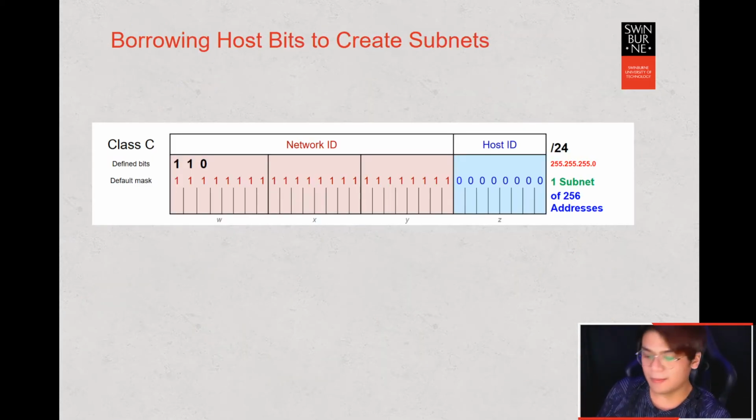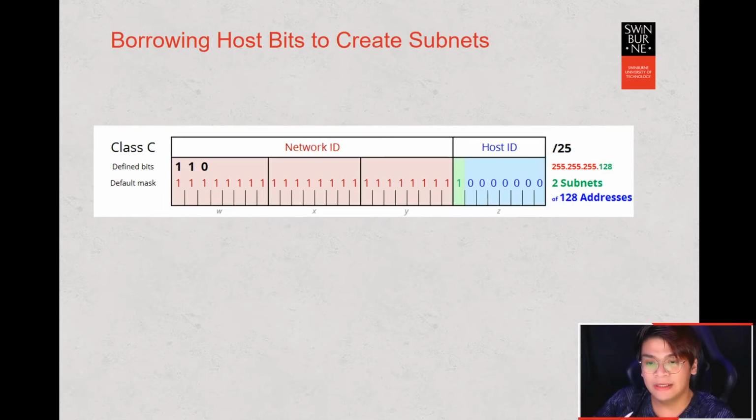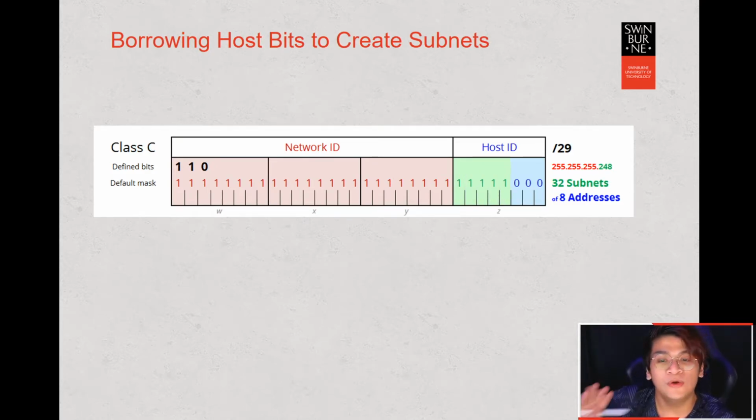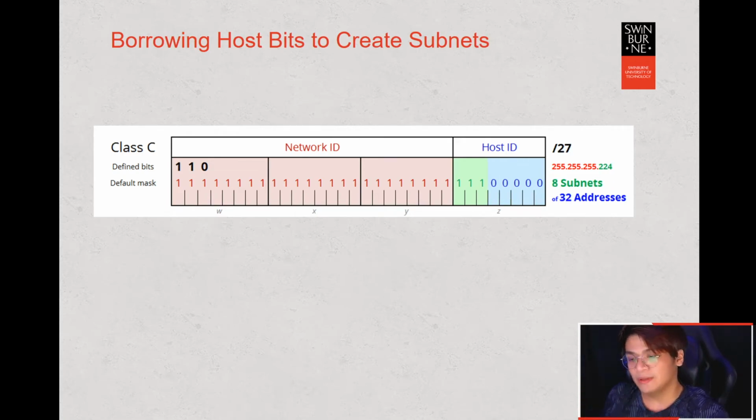You need to remember that there is a cost when you're doing subnetting. Every time we borrow a bit, the number of potential subnets doubles, but the number of hosts in each subnet halves. For every subnet, we create a new subnet ID and a new broadcast address, so we lose another 2 addresses for each subnet created.